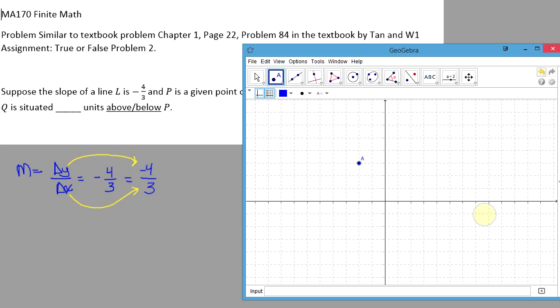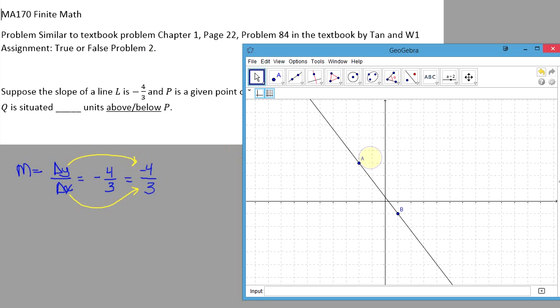The x-axis goes left and right with positive to the right. So if I go down 4, then over 3, 1, 2, 3, I get another point. Then if I use this little tool to put a line between the two, I have a line of slope minus 4/3.